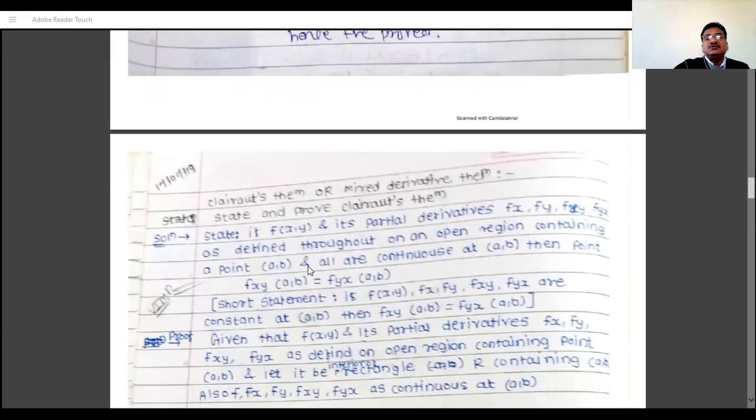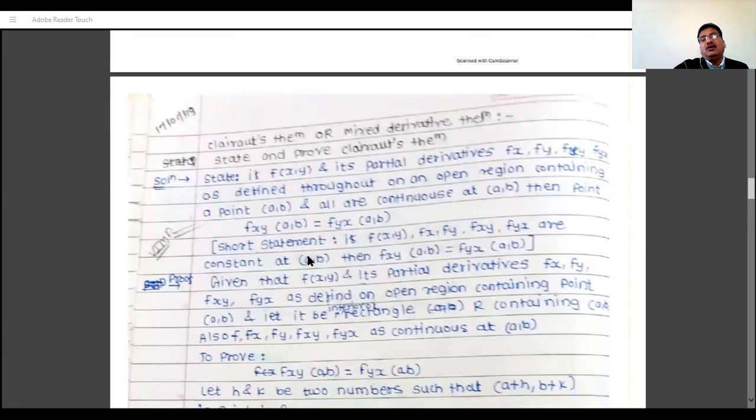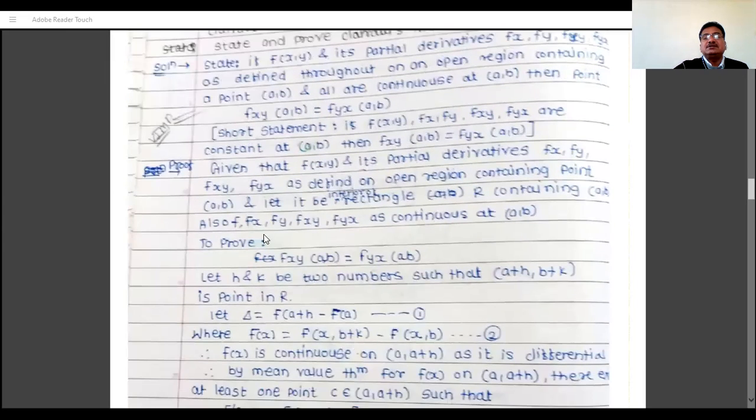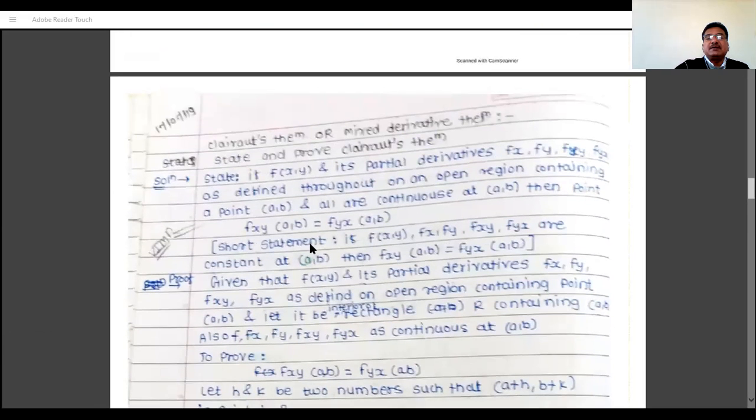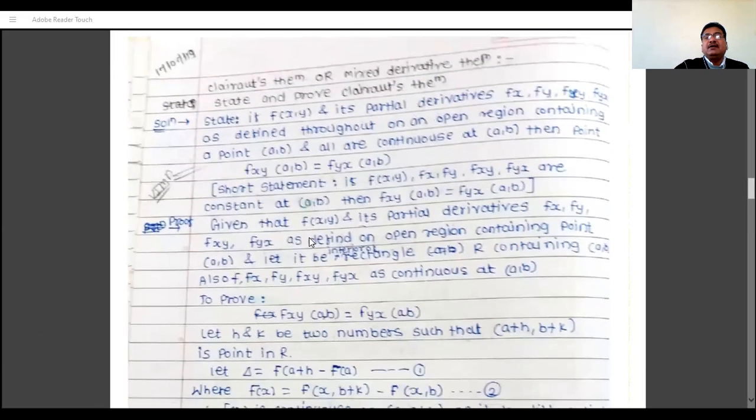There is only the statement of these theorems. Proof is not included in the new syllabus. So just remember the statement. Don't learn these proofs, because proofs are not included in the new syllabus. Only the statements of these three theorems are important: Clairaut theorem, Schwarz's theorem, and Young's theorem.